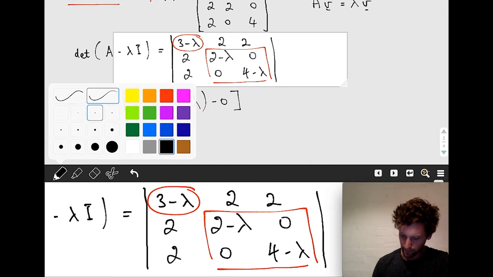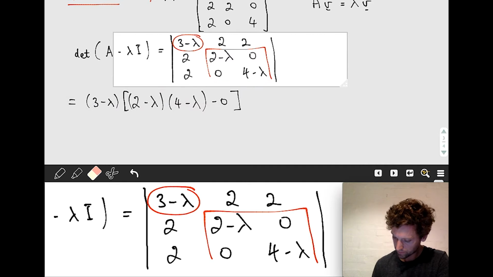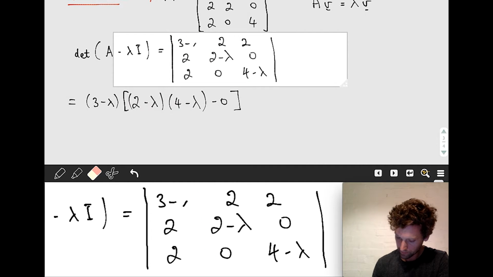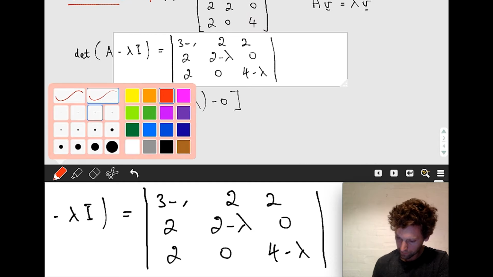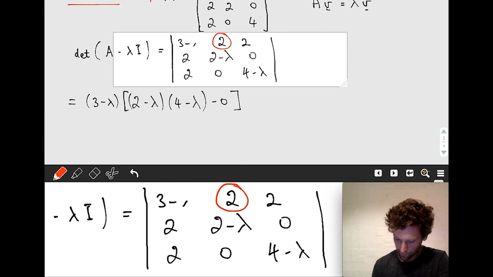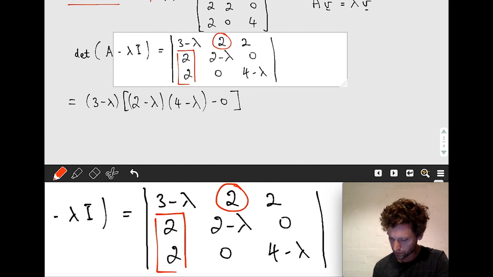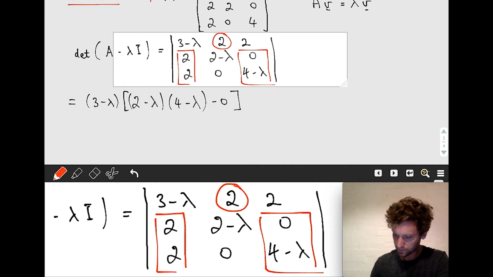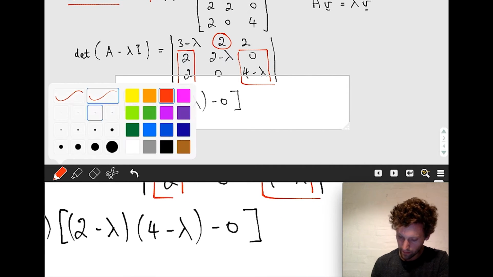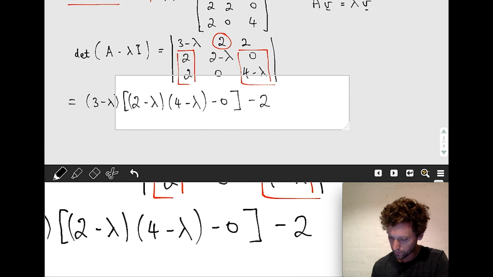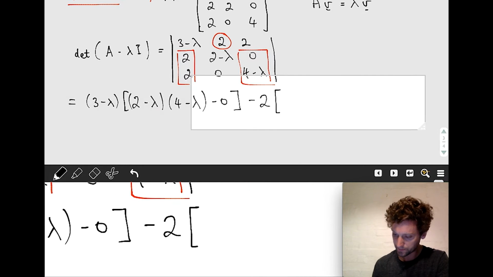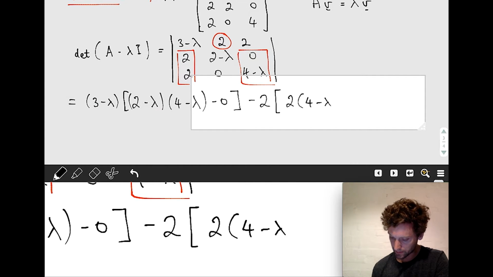Next we're going to have 2 times the determinant of this 2 by 2 matrix made up of these two columns. So remember to change the sign on that second term, multiplied by 2 times 4 minus lambda minus 0 times 2.